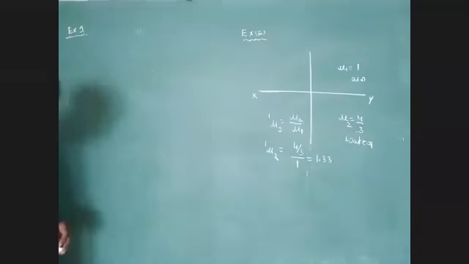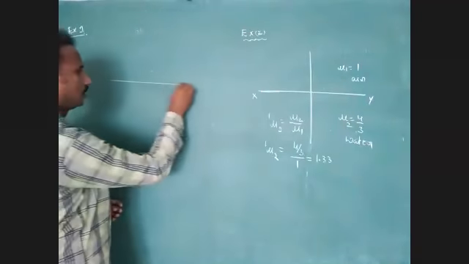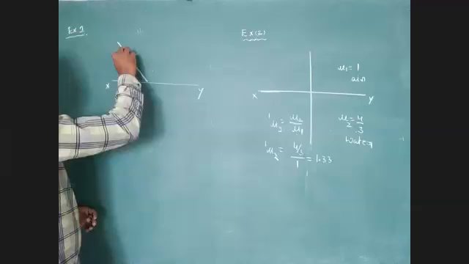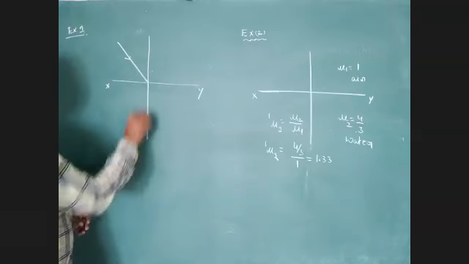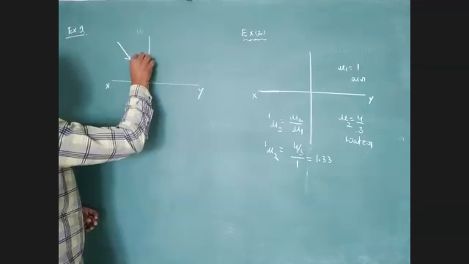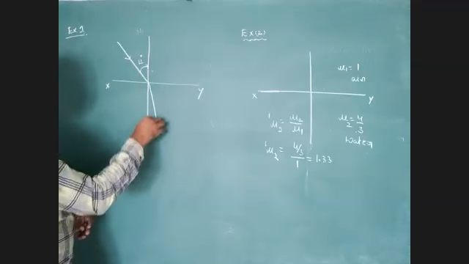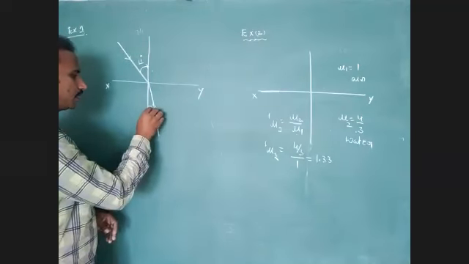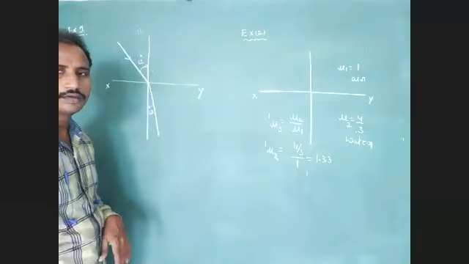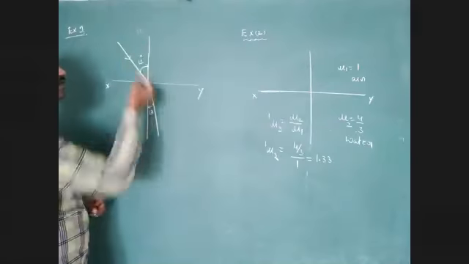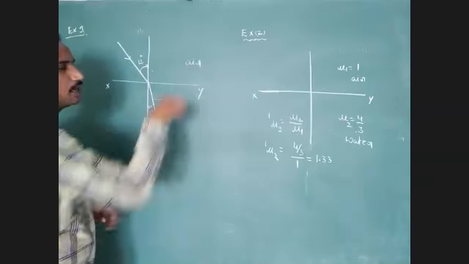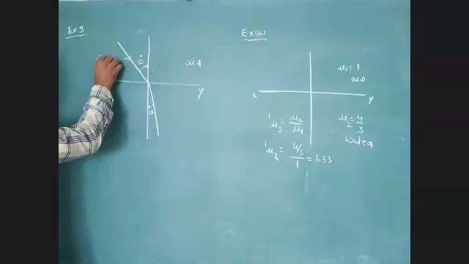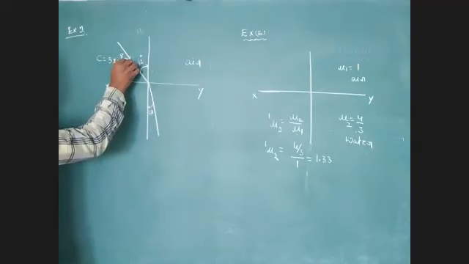One more example problem. Here, consider the refracting surface x, y. The incident ray makes a certain angle i with respect to the normal. The refracted ray bends towards the normal and makes an angle r with respect to the normal. Here, the speed of light in air medium, C, equal to 3 into 10 to the power of 8 meter per second.